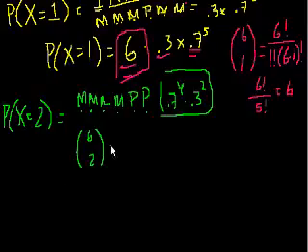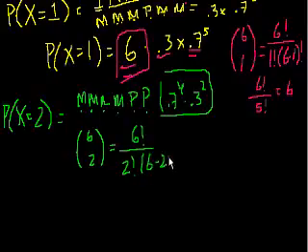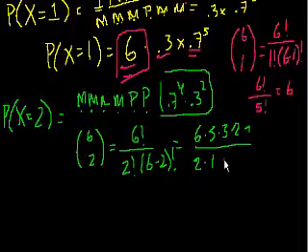So how many does that result in? Let's see, 6 factorial over 2 factorial times 6 minus 2 factorial. That is equal to, I like to multiply it out, 6 times 5 times 4 times 3 times 2 times 1 over 2 times 1 times, this is 4 factorial, right?